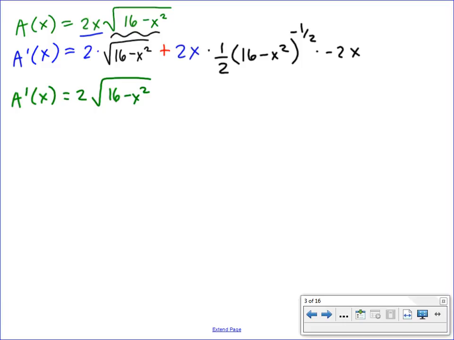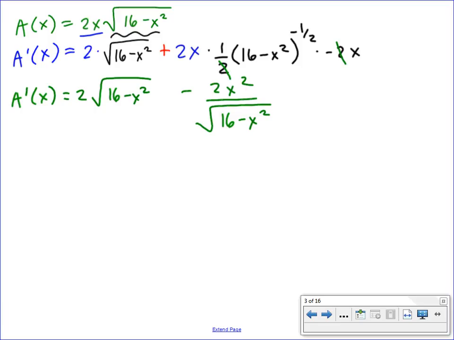So whichever 2 you want to cancel out. Negative 2x times x is negative 2x squared all over 16 minus x squared to the negative 1/2 is the same as the square root of 16 minus x squared to the bottom. How many mistakes did I make in that one line?